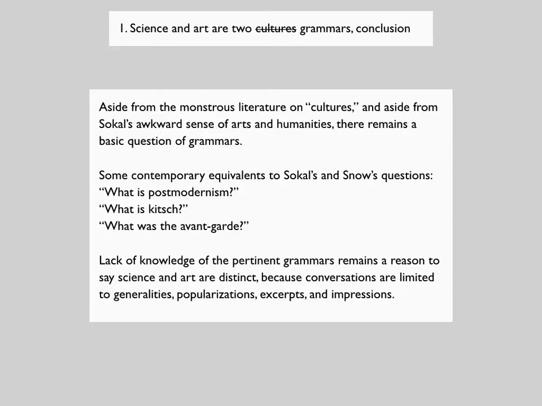So you could think that maybe some contemporary equivalents would be something like, what is postmodernism, what is kitsch, what is the avant-garde? The general idea here is that a lack of knowledge of these, what I'm calling grammars, is a reason to say that art and science are distinct, because that limits conversations to generalities or popularizations in the case of science, or excerpts, or just impressions.